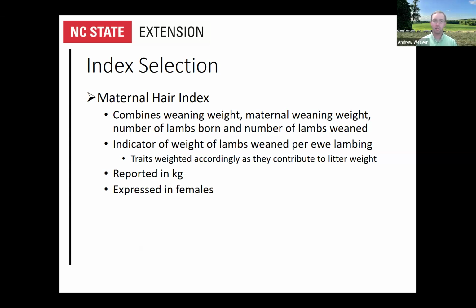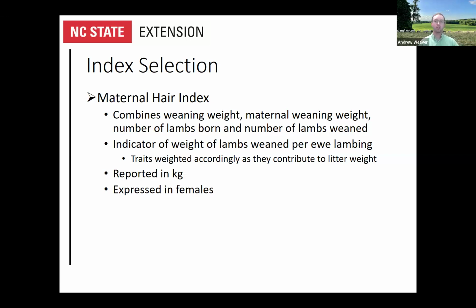And it combines weaning weight, maternal weaning weight, number of lambs born, and number of lambs weaned into one metric, one value that serves as an indicator of weight of lamb weaned per ewe lambing. And so it's going to weight these different traits, these different EBVs accordingly to help us predict differences in litter weaning weight. It also is reported in kilograms, and it's expressed in the females, but we certainly have this index available in our males as well.